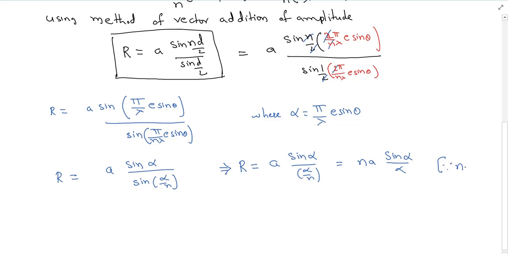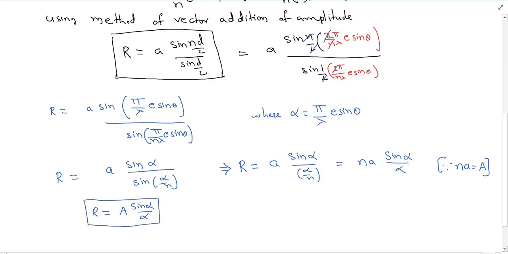Since n number of waves into the small amplitude A will represent the resultant amplitude capital A, R is equal to A sin alpha by alpha.